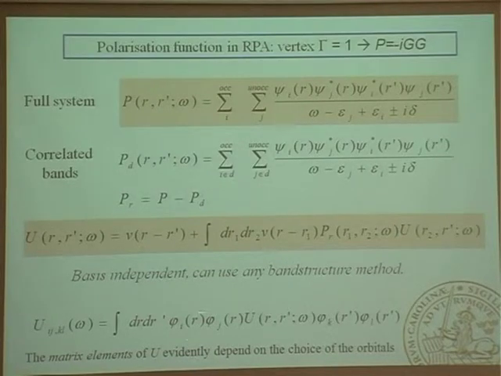You can also use LMTO or Gaussians. If you use Gaussians, you have a basis. And you just calculate the matrix elements of this U. If you just want the on-site U, then you just take these orbitals to be on-site. If you want the intersite U, then you calculate this between two orbitals on one site and another set of orbitals on different sites. You get the intersite U.